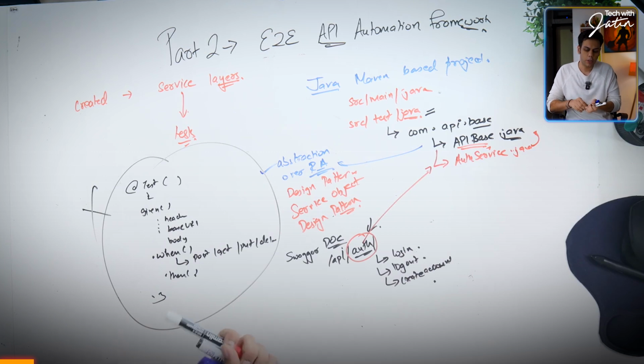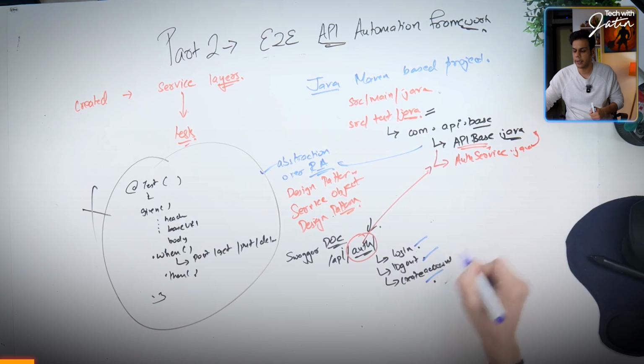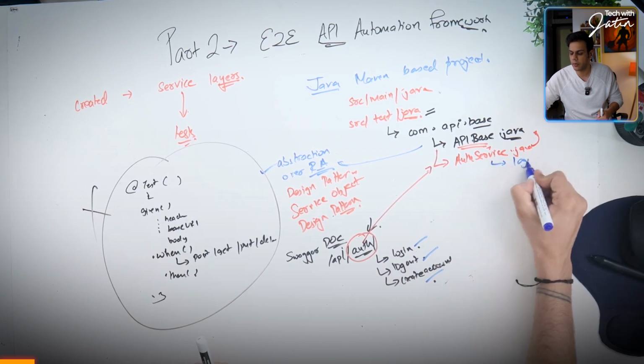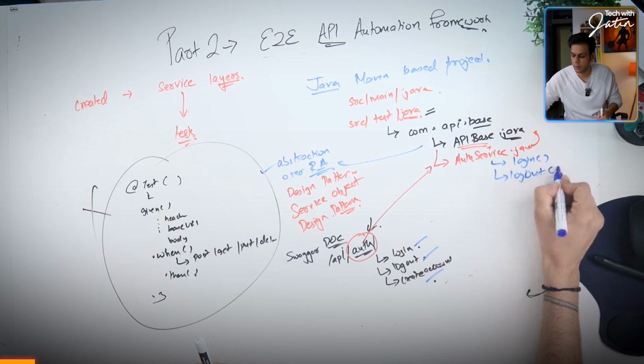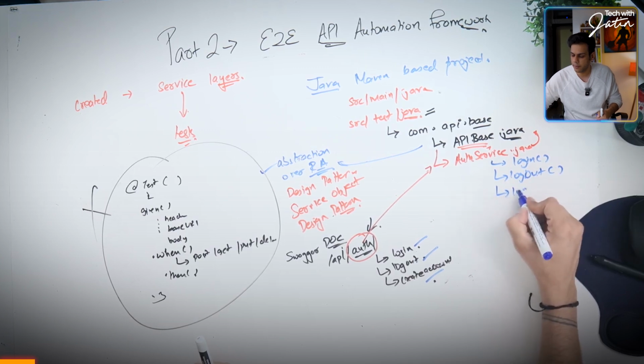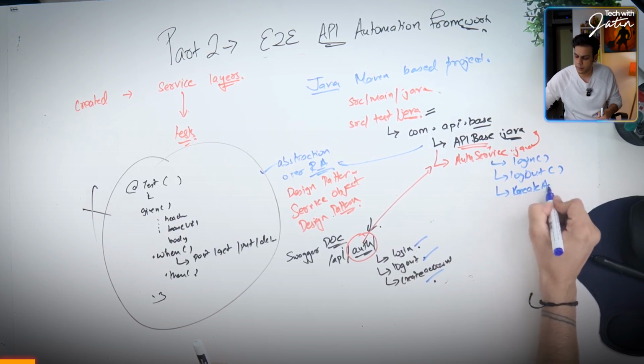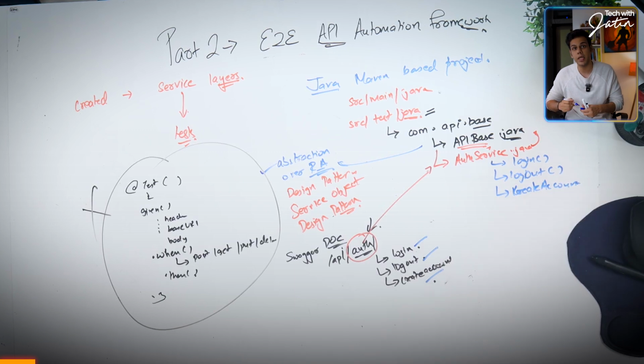Now, in your auth service, the login, logout, and create account methods will be there. When I hit a login request, what do you get back? A response.